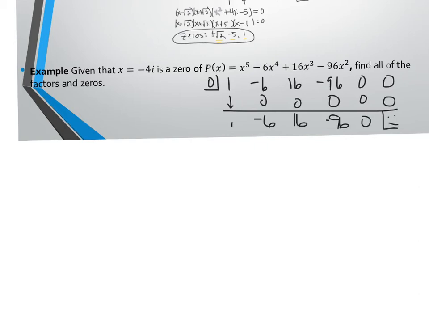Okay, so let's think. This is now x to the 4th. This is negative 6x cubed. This is 16x squared. And this is negative 96x plus 0. So there's still an x in common. I would divide it by 0 again.